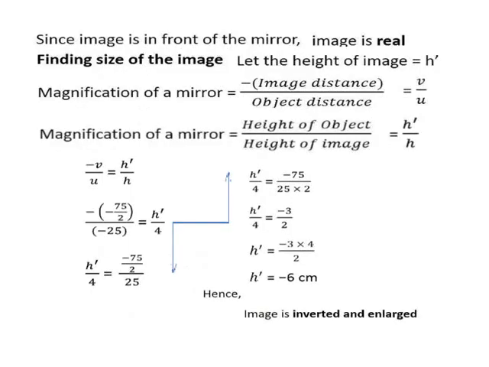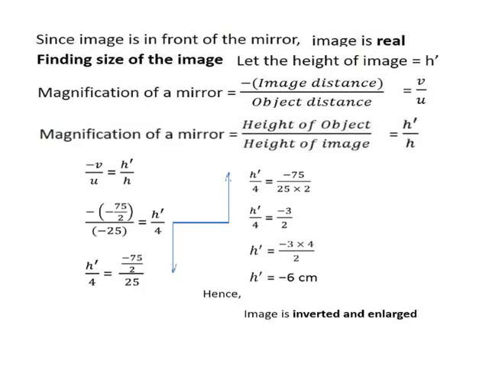As we had seen, since the image is formed on the left side, the image is real and inverted. Now let us find the size of the image. For this we will be using the magnification formula. Magnification has two formulas.